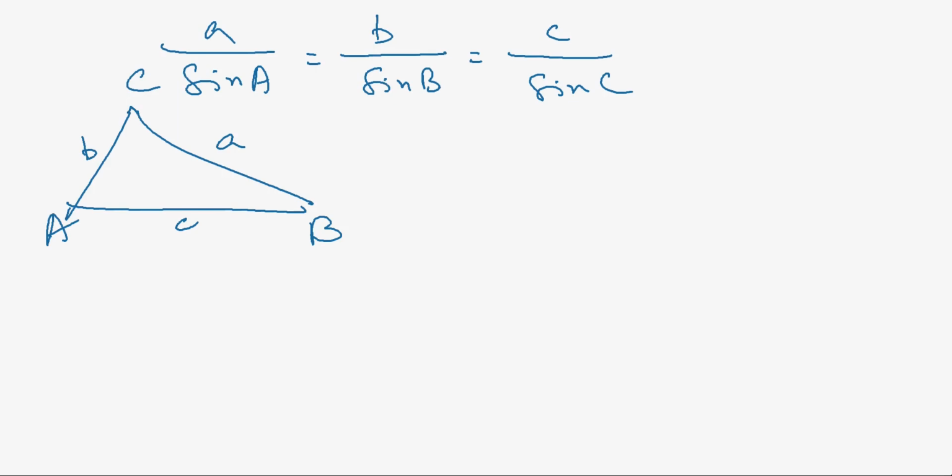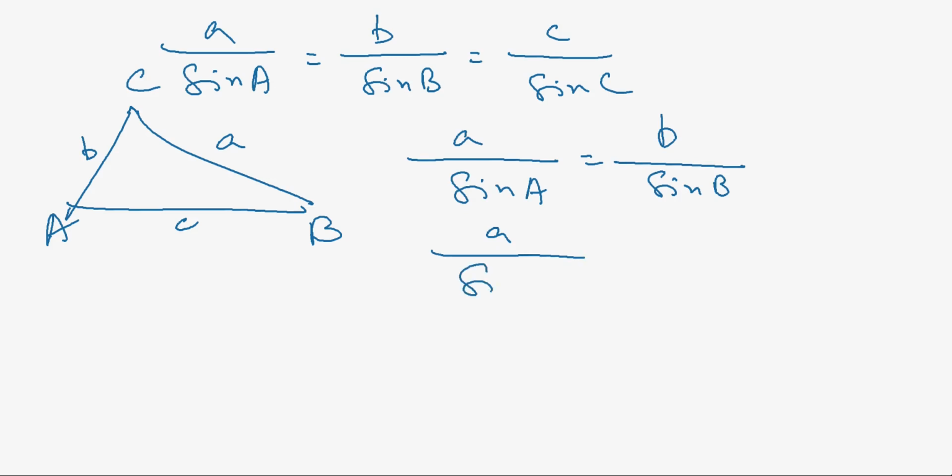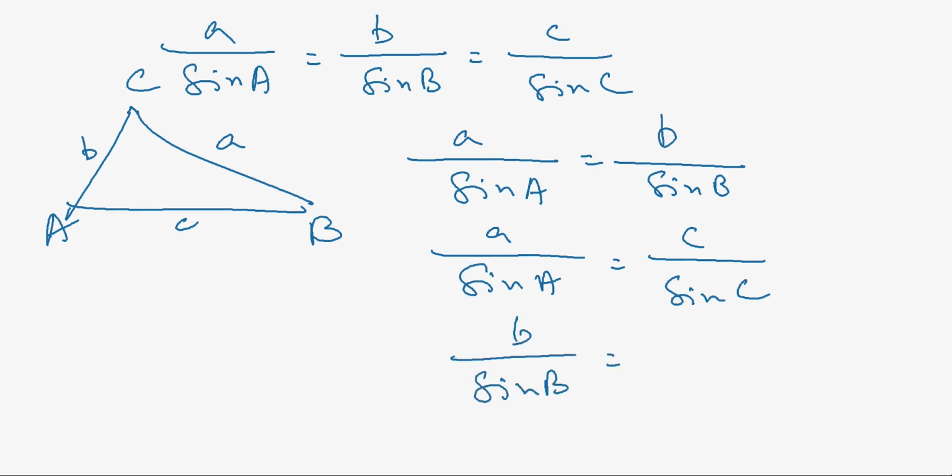Now this can actually be split into three different equations, because having two equal symbols in an equation is not good. So a over sin A equals b over sin B, and a over sin A equals c over sin C, and b over sin B equals c over sin C.